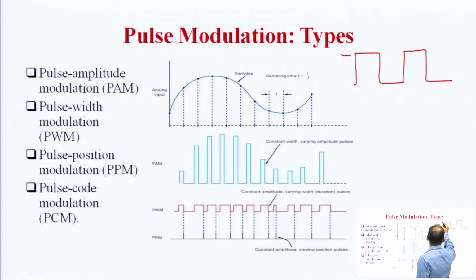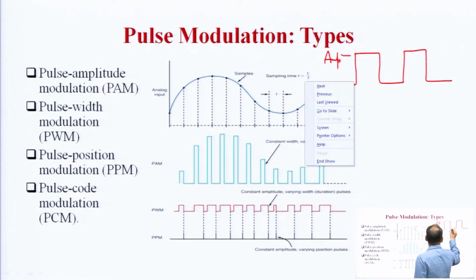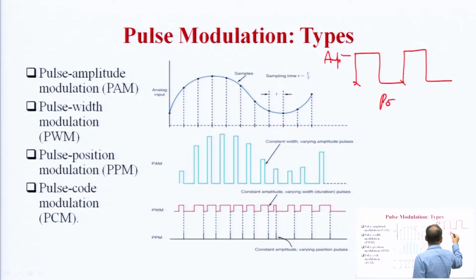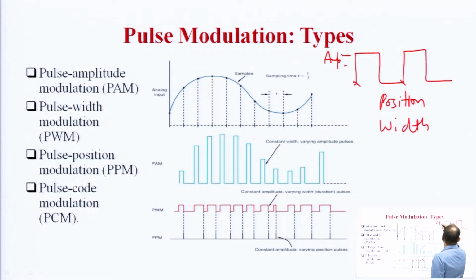First one is amplitude, second one is position, and third one is width.